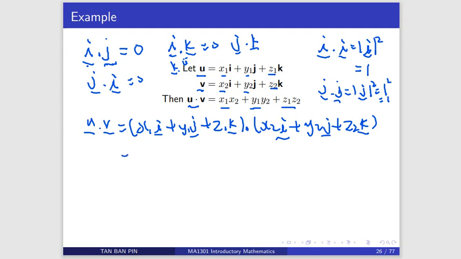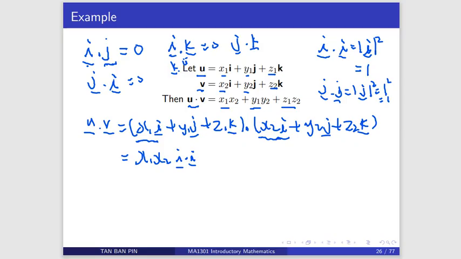So with that, if you expand out, it will be x1 i dot with x2 i. So it gives you x1 x2, then i dot i, which is magnitude of i squared, which is 1.